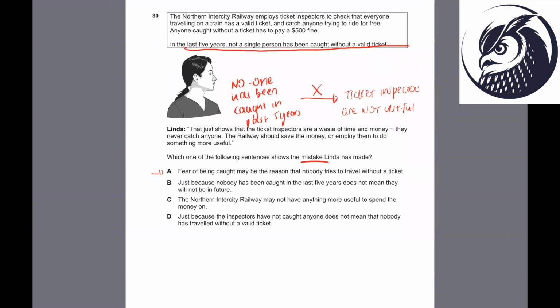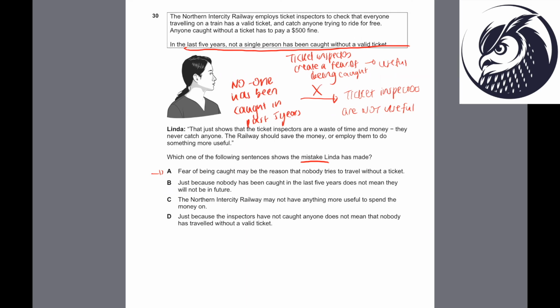If no one has been caught in the last 5 years purely because they're scared of traveling without a ticket, since there are ticket inspectors, that actually shows that ticket inspectors are useful. Based on option A, they create a fear of being caught, and therefore they are useful.